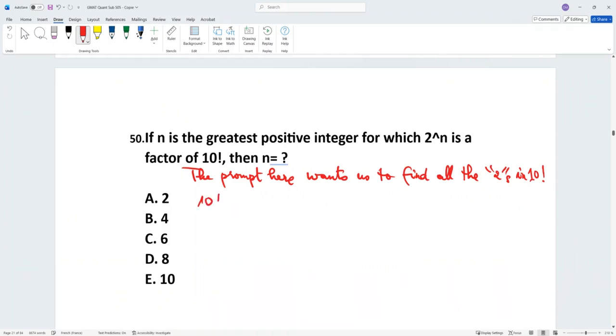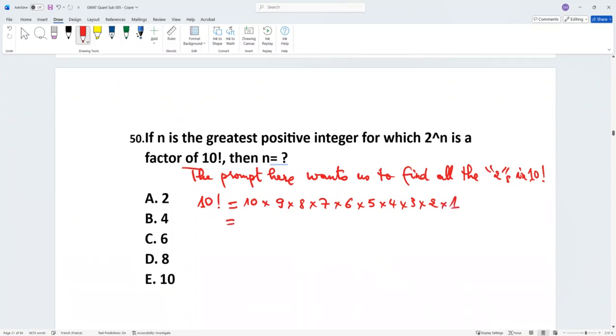We know 10 factorial is equal to 10 times 9 times 8 times 7 times 6 times 5 times 4 times 3 times 2 times 1.